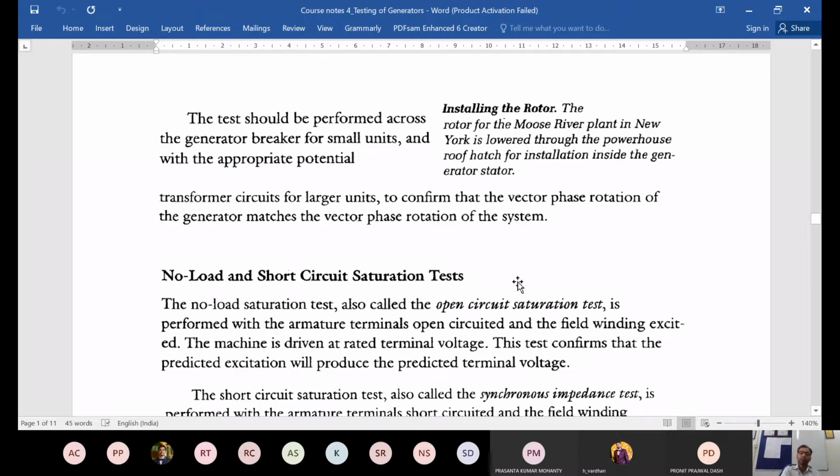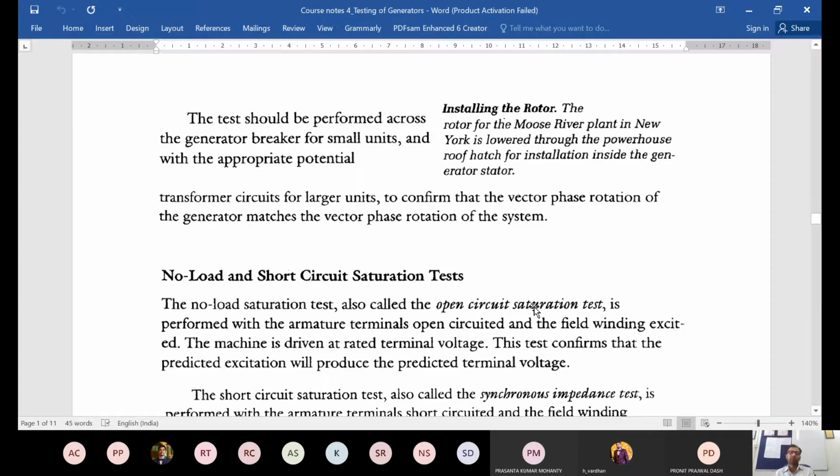Basically, the open circuit saturation test is a relationship between the excitation and the produced voltage. So between the EMF induced in the machine and the field current which you provide on the rotor side in the DC circuit. It is a correlation between EA versus IF.